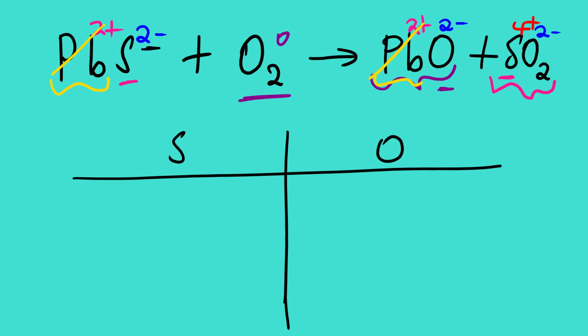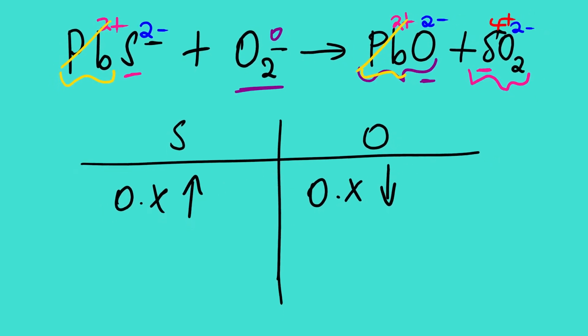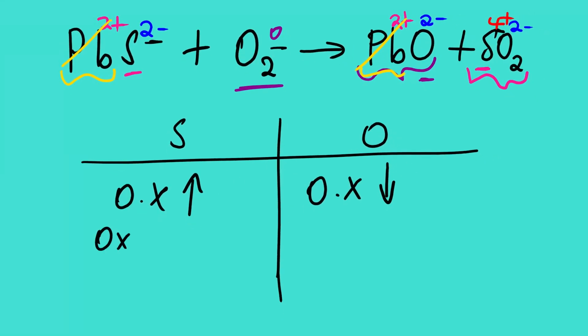So from 2 minus to 4 plus, we can see that the oxidation number has increased. Then from 0 to 2 minus, the oxidation number decreased. From there we can conclude that this undergoes oxidation, this one undergoes a reduction.